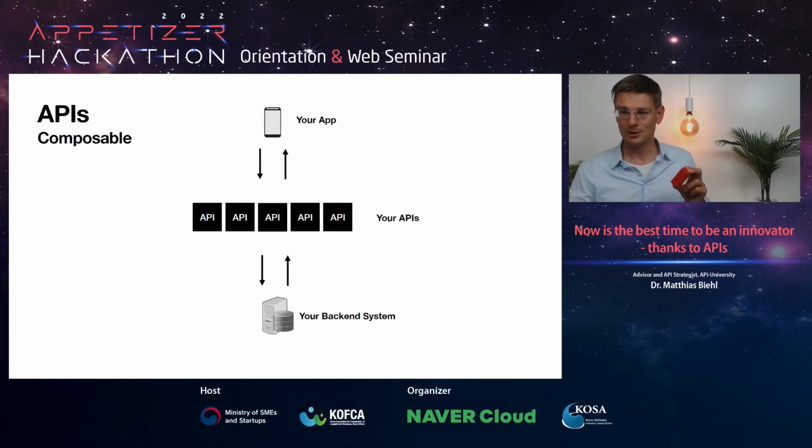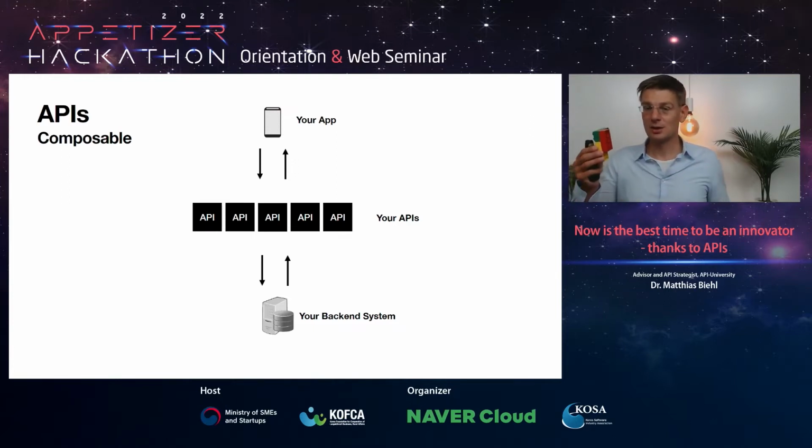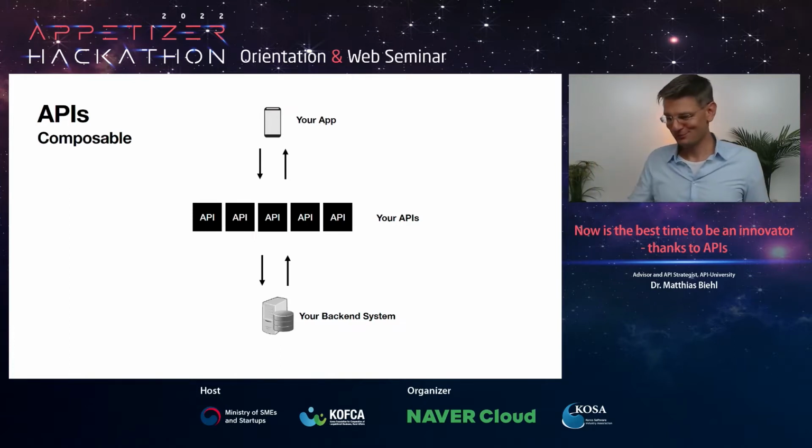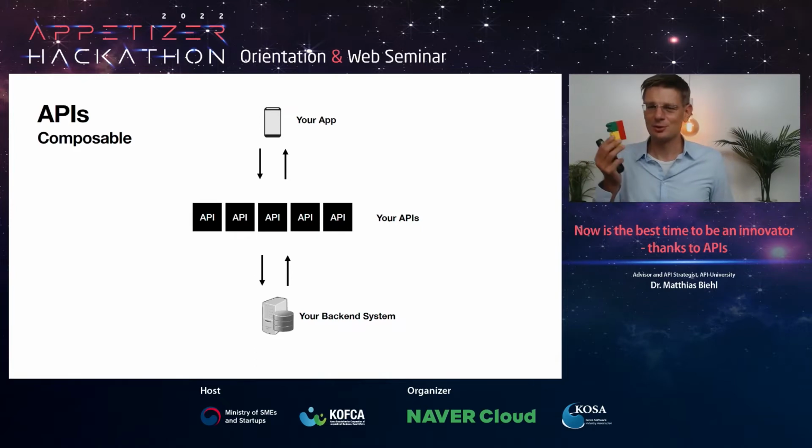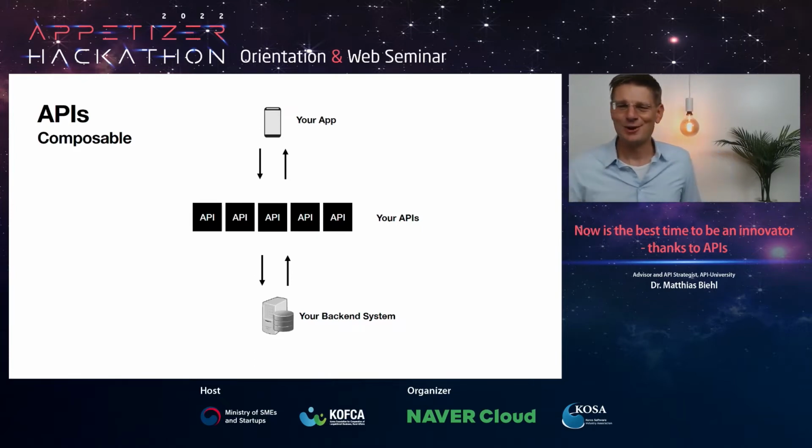So, for example, I can take the red and the yellow one, and I can click them together, and they're composable. I can compose new things out of several of those building blocks, and a new structure emerges. It's kind of simple, right? And that's the point of it. It's simple to compose them, to build new things out of those building blocks. And those new things, those could be apps, right? So this is an analogy.